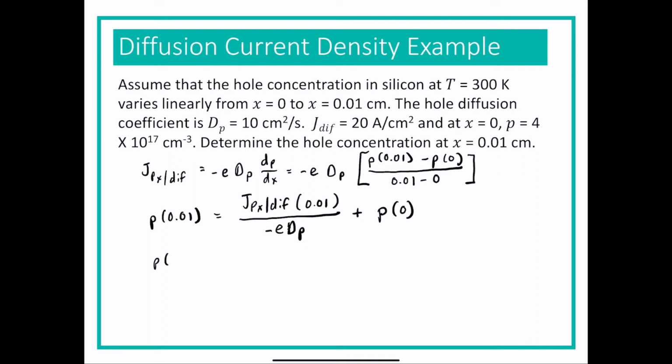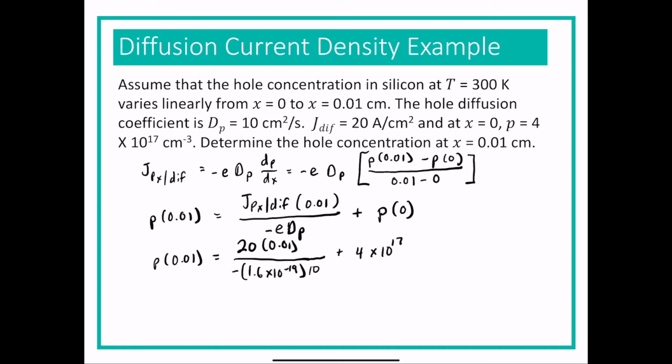So the number of holes at 0.01 centimeters is going to be the diffusion current density, which is 20 times 0.01 over minus 1.6 times 10 to the minus 19 times 10. And we add 4 times 10 to the 17.